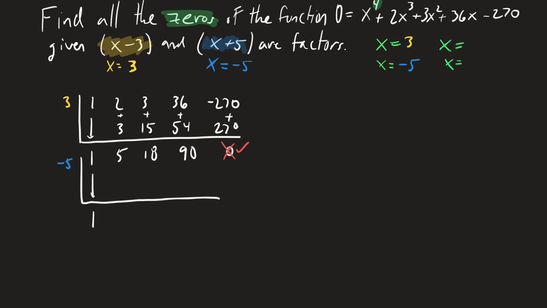Drop the 1 down. 1 times negative 5 is negative 5. Add down, get 0. 5 times 0 is 0. Add down, get 18. 18 times 5, so 10 times 5 is 50. 8 times 5 is 40. That'd be negative 90, which is really good. There's that 0 again, so check on that one.